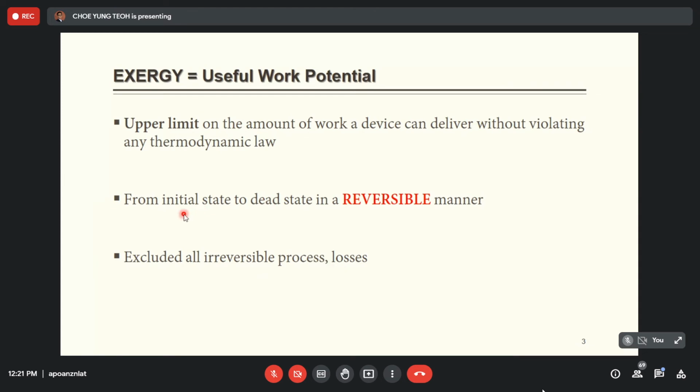The initial state is the beginning of the process, and the dead state is the state in equilibrium with the surroundings, where the system cannot transfer any more energy. Reversible means that you can convert from A to B and can fully convert back from B to A. But this is just an ideal case, which never happens.